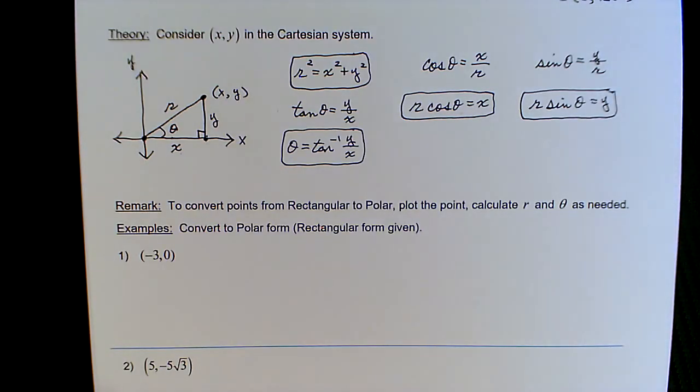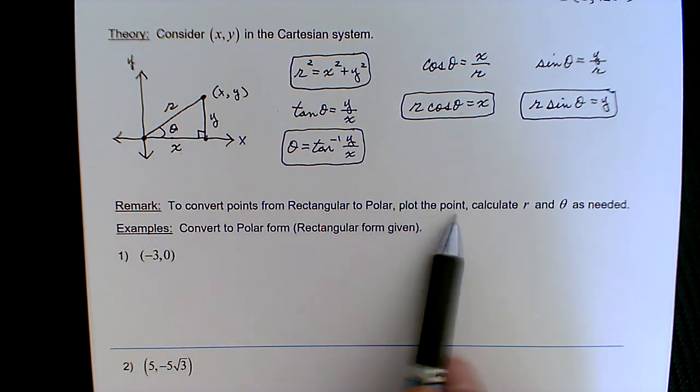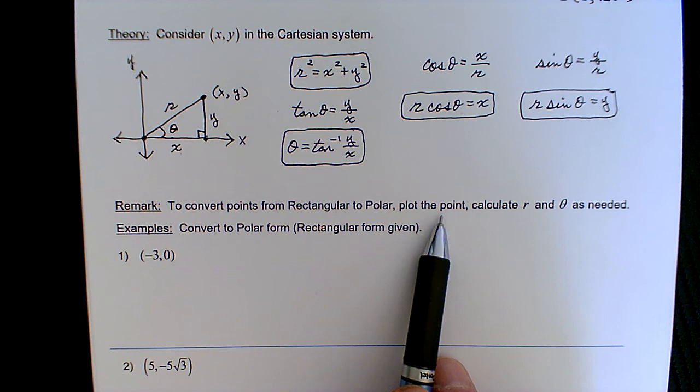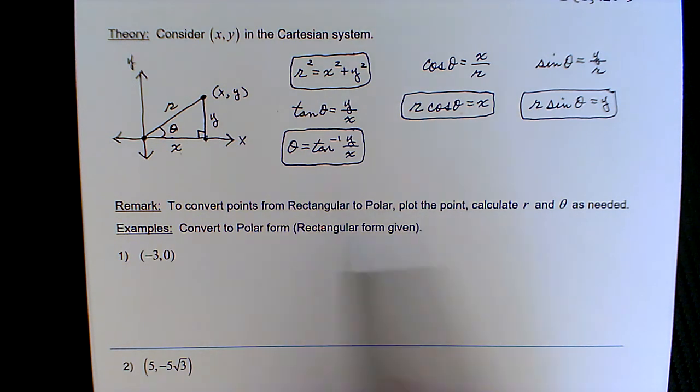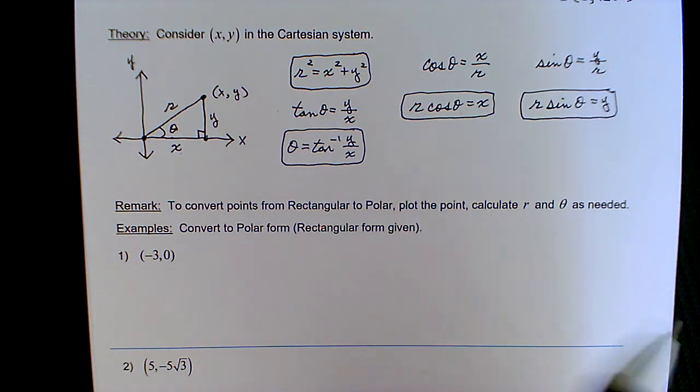To be complete, let's talk about points. To convert points from polar to rectangular, sometimes you can get away with just plotting the point and using intuitive observations to determine r and theta. But sometimes you'll have to use the equations. But definitely plotting the point is helpful. I'm going to show both methods.